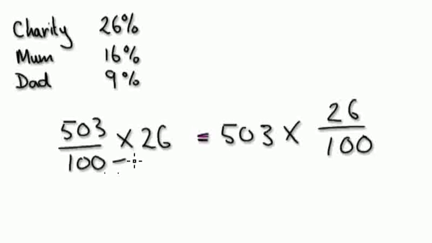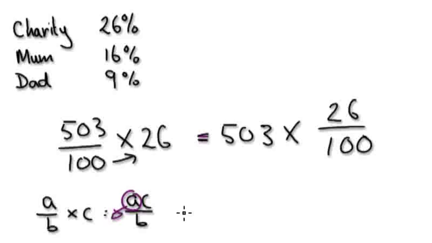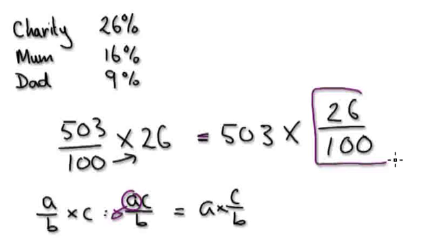It's the same thing. Because A over B times C gets multiplied to the top, it's AC over B. But now I'm just moving the A out, so it's actually A times C over B.